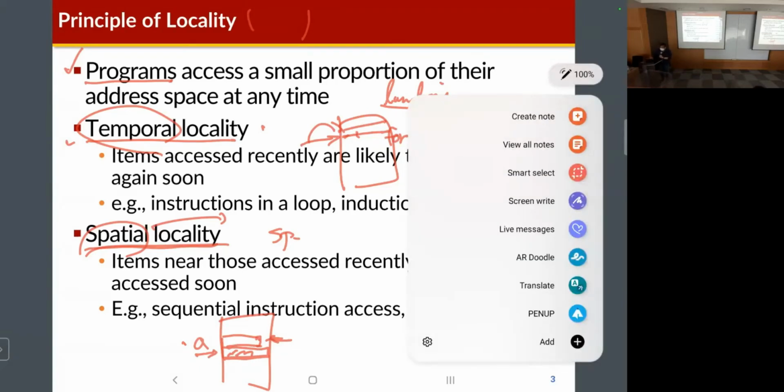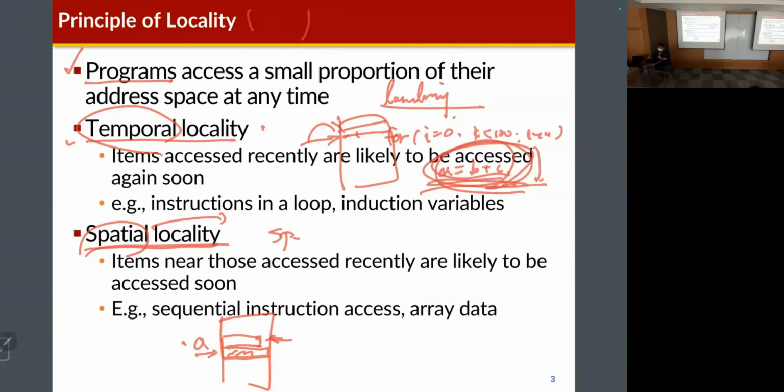We frequently use array data. For this example, in the iterated loop, we can calculate a[i] equals b[i] plus c[i], and then i is incremented by 1.